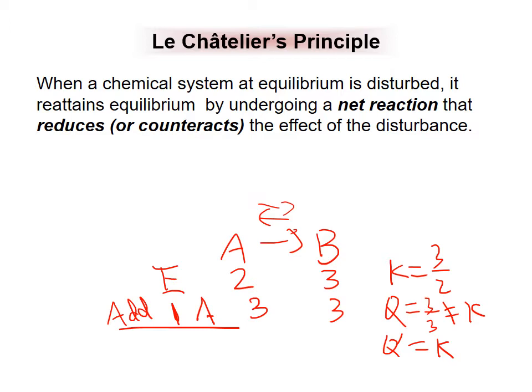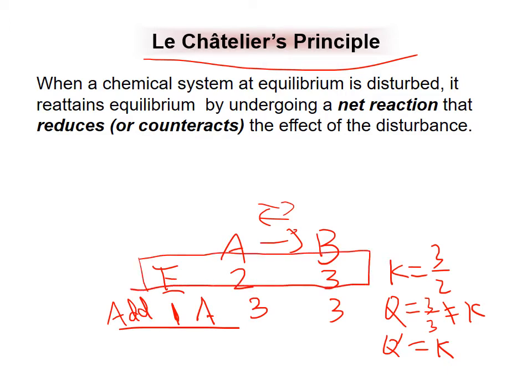So how do you know if the reaction goes forward or goes reverse? This is summarized by Le Châtelier's principle. It says when a chemical system at equilibrium is disturbed, so you add more A, the reaction is not at equilibrium anymore.